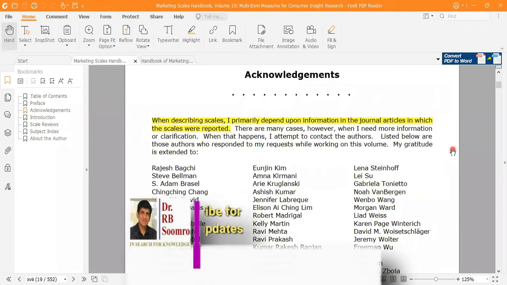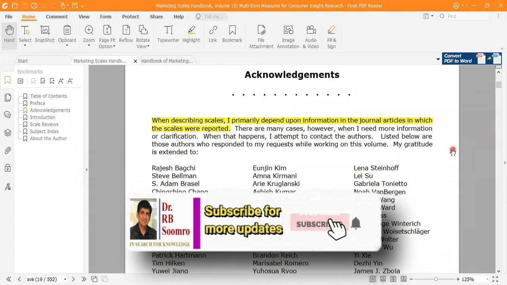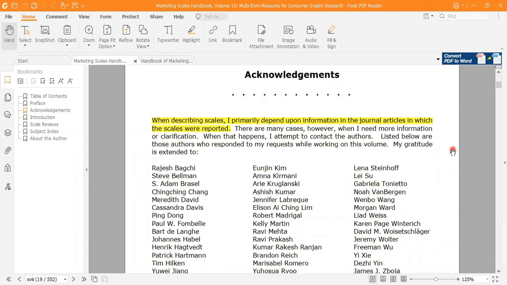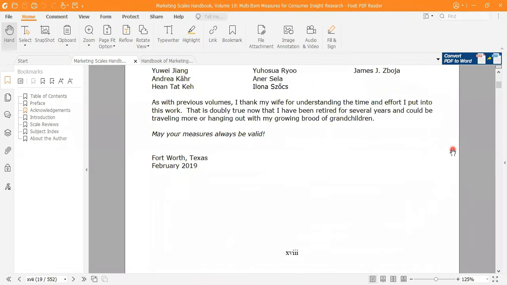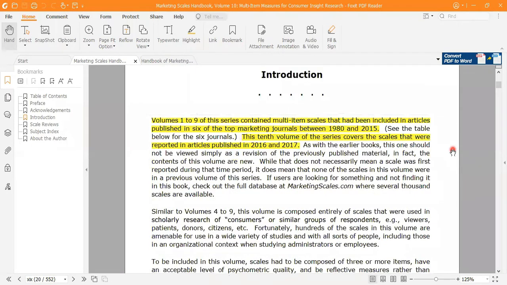First is the acknowledgement. In it, the author acknowledges that the scales available here have been adopted from the top journals in marketing. Some more introduction of the previous volumes: volumes 1 to 10 of the series contain multi-item scales included from 1980 to 2015.